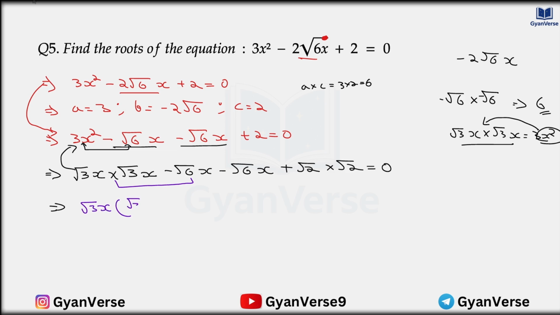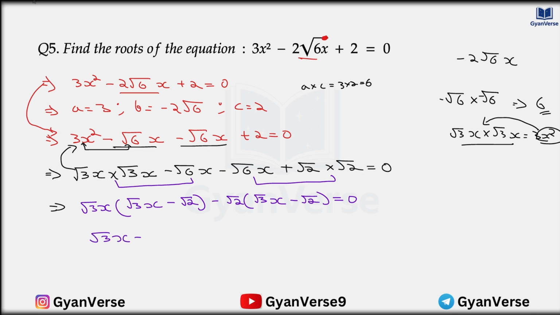So I will be left with root 3x minus, when I divide root 6x by root 3x, what I will get is root 2. Now again, you can take root 2 common here. When you take root 2 common, it will become root 3x minus root 2 equals to 0.